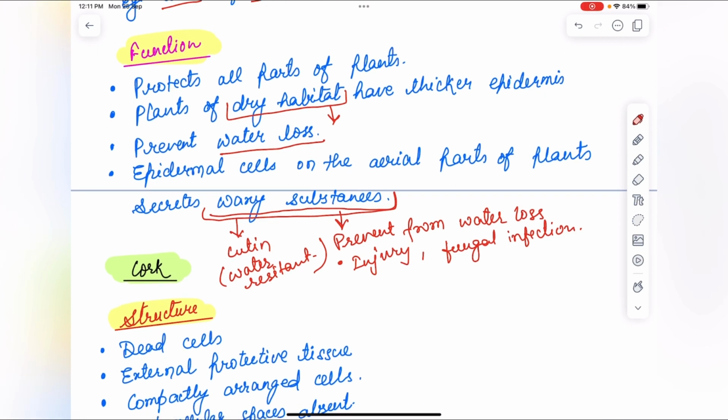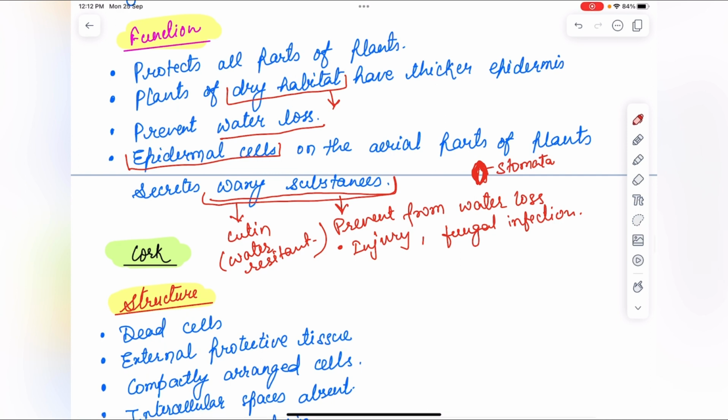And these epidermal cells present in the leaves form the stomata, through which gaseous exchange takes place. The stomata are guarded by guard cells. Guard cells are kidney shaped. This is the kidney shape. These guard cells will be present in the leaves.